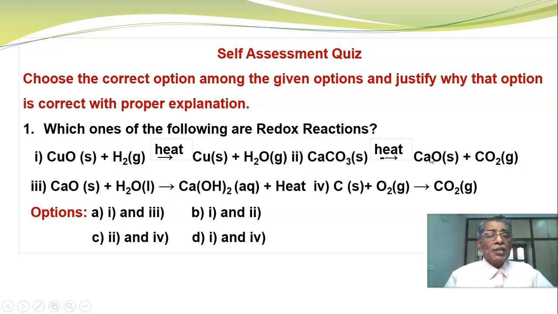CaCO3 upon heating gives CaO + CO2. 3. CaO + H2O gives Ca(OH)2 + heat. 4. C + O2 gives rise to CO2. Options. Option A, 1 and 3 are redox reactions. Option B, 1 and 2. Option C, 2 and 4. Option D, 1 and 4.